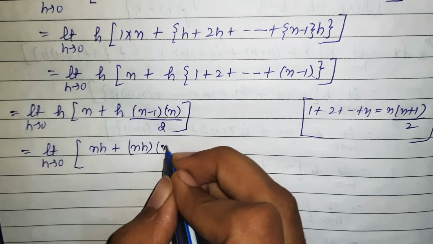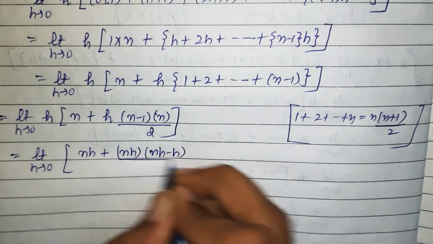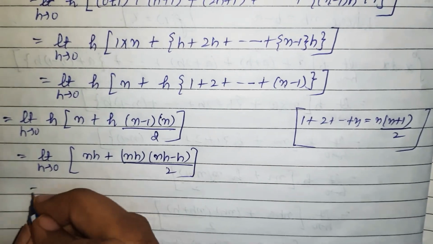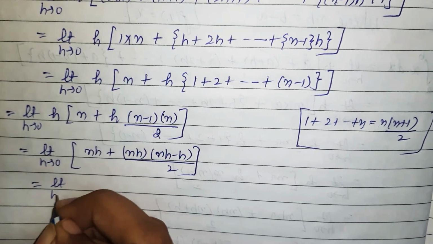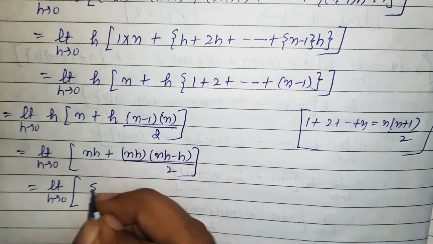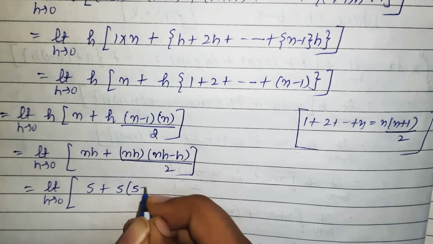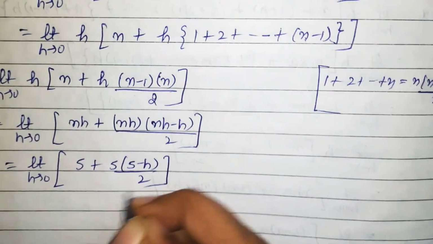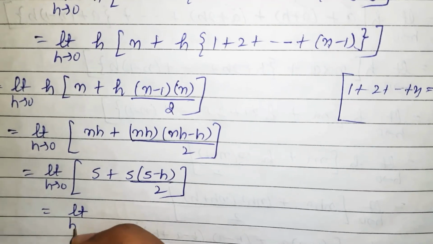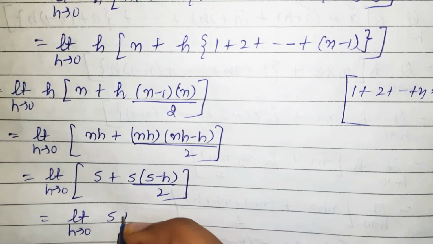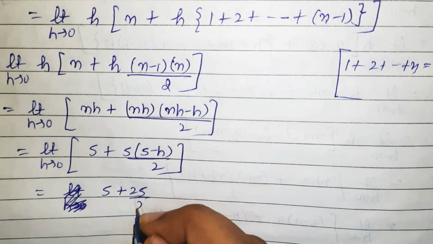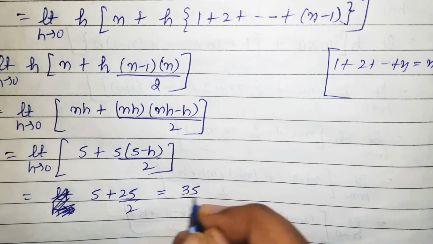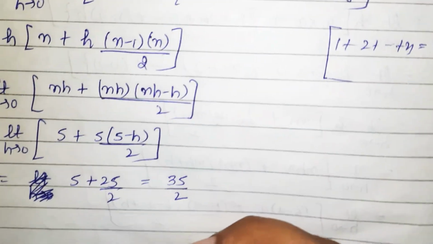So you will be getting the value of nh. Value of nh is 5 minus h by 2. Put the value of h. So limit h tends to 0, 5 plus 20. Sorry, this I need not write. So the final answer you will be getting is 35 by 2, 5 by 2. Same answer you are getting.